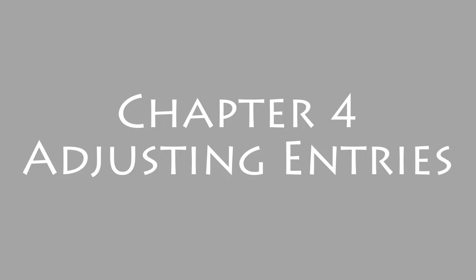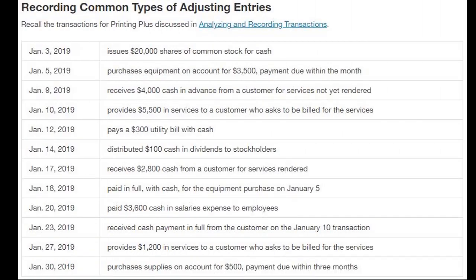And so, to illustrate this with a couple of examples, in Chapter 4, and we're talking about 4.3, that's the sub-chapter number, we are recording and posting common types of adjusting entries. Let's look at one or two.